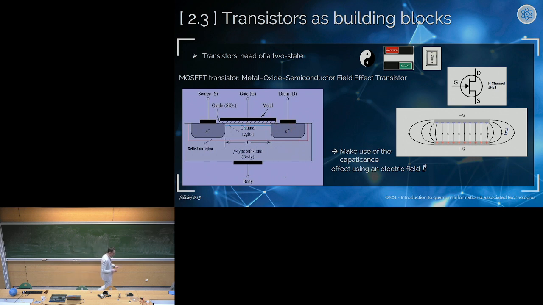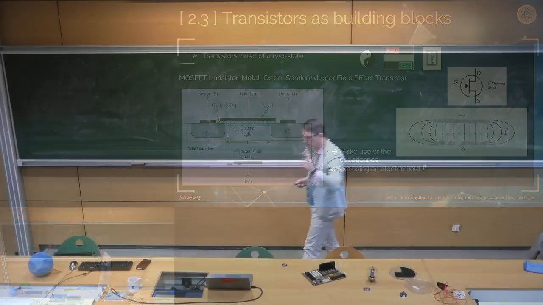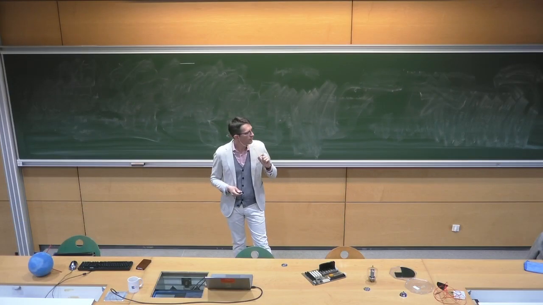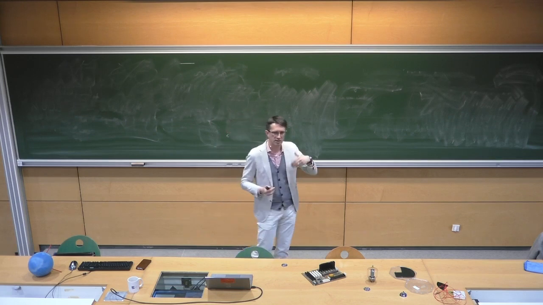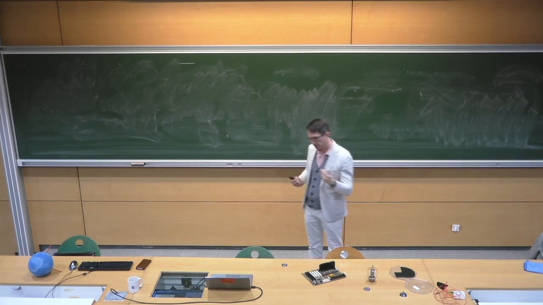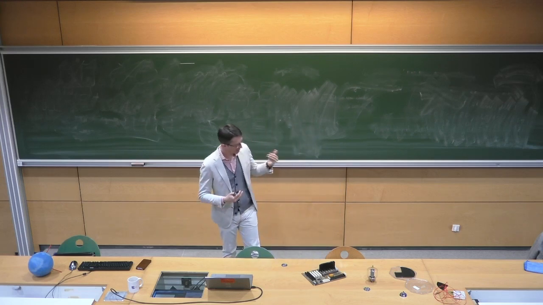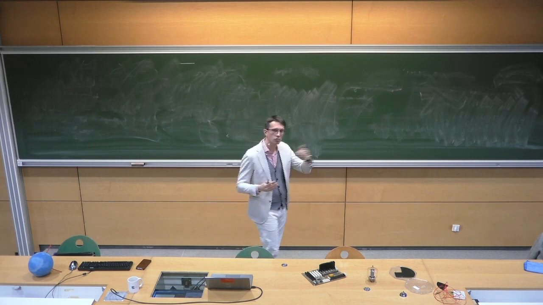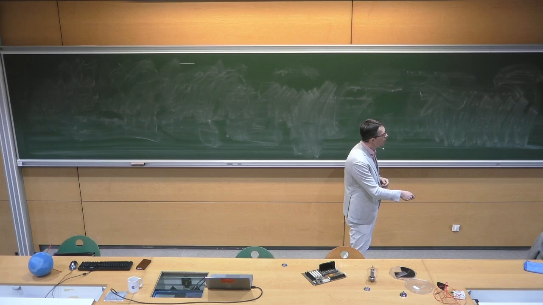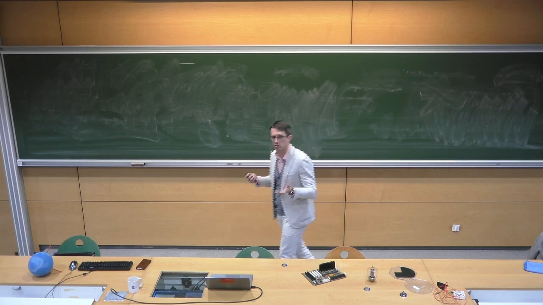Just to mention, if you remember in the first lecture, I said that one of the limitations nowadays in transistors is the fact that we have very thin layers of components, in particular insulating layers, meaning the current is not supposed to go through these layers because they're insulating. But quantum mechanics tells you that if you have a small enough layer of material, at the nanometer scale, then you have the so-called quantum tunneling effect. It means that potentially you can have a current flowing through from the gate to the body when it's not supposed to be the case.